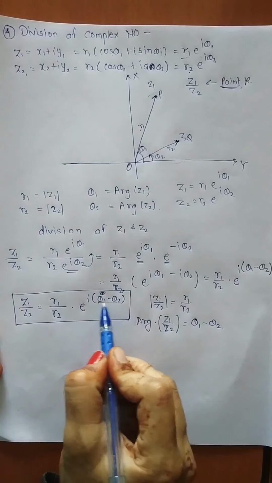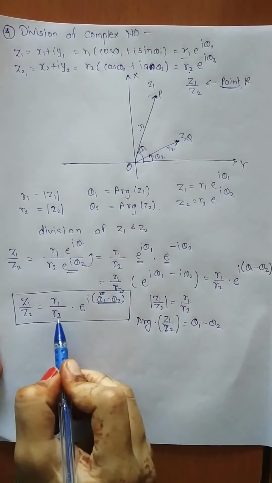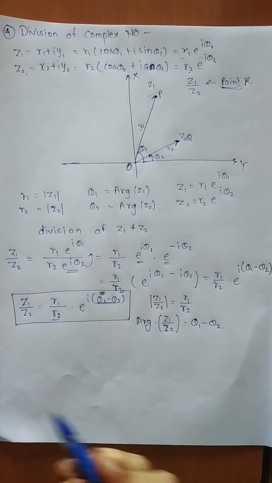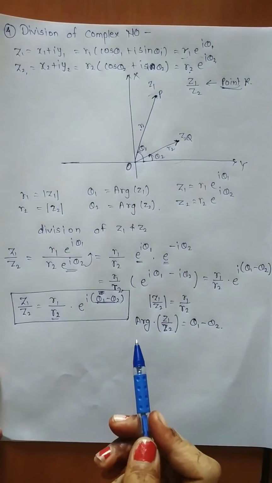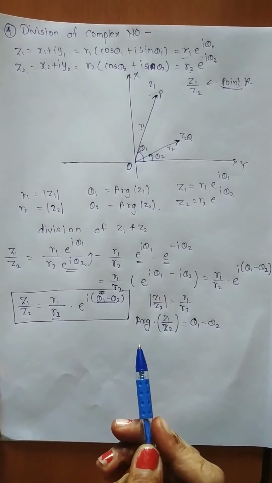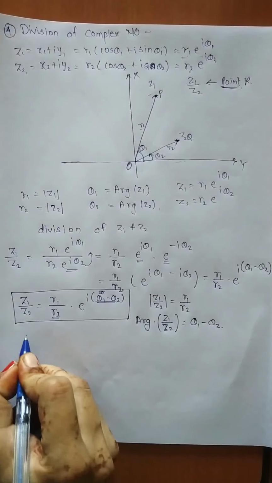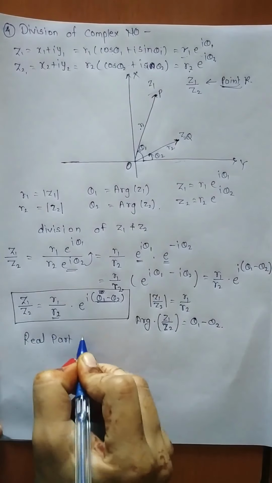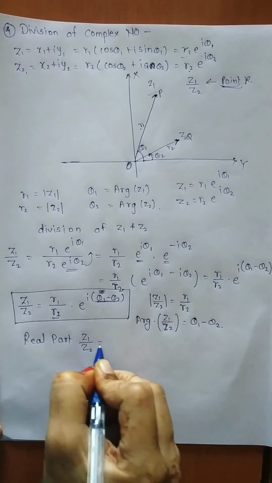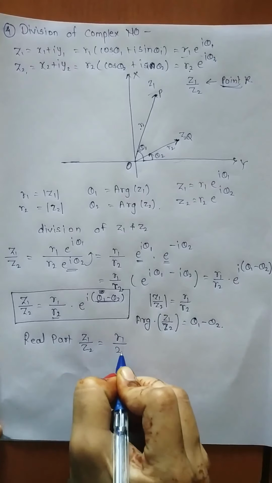Because this is the argument and this is the magnitude, that is, the modulus. The magnitude of a vector is given by the mod of that vector. So when we take the quotient, that is the division of two complex numbers, then its real part, of z1 upon z2, is r1 upon r2.